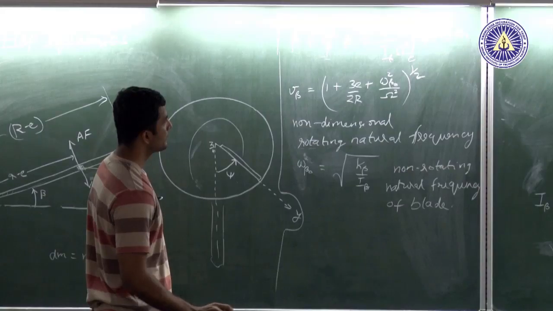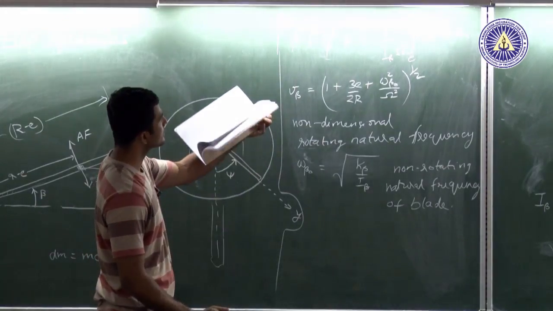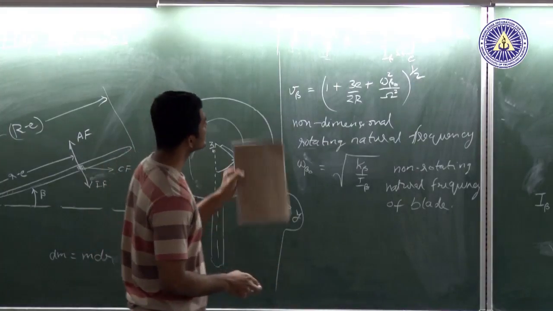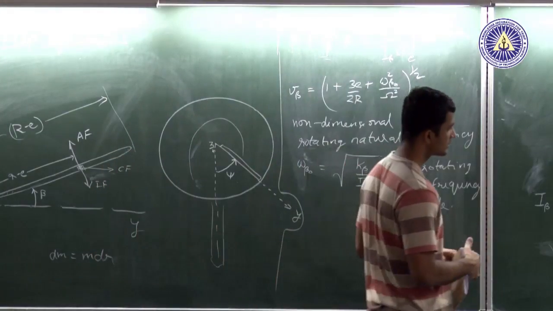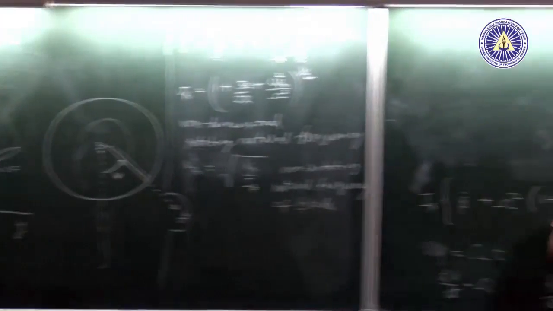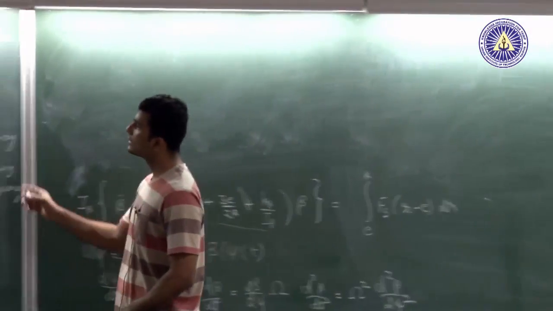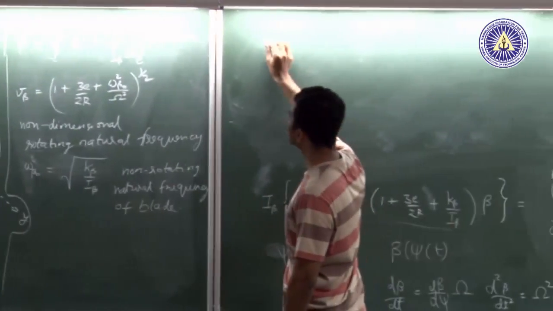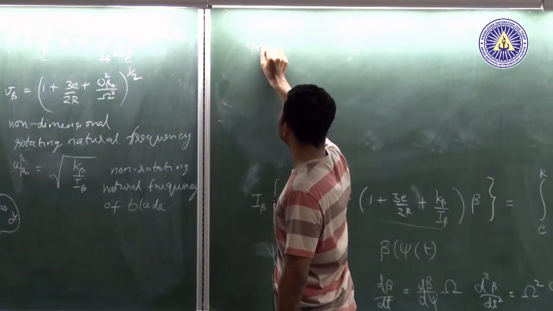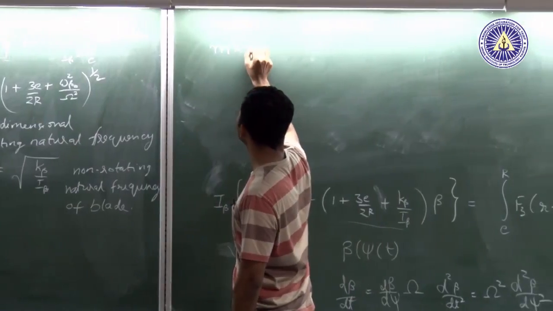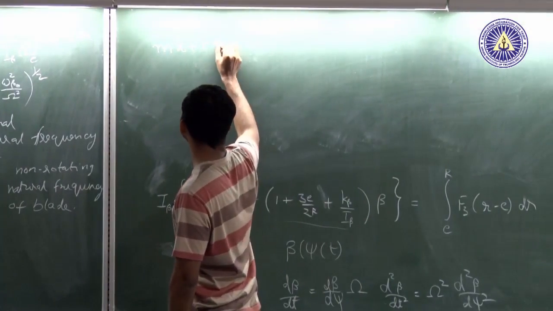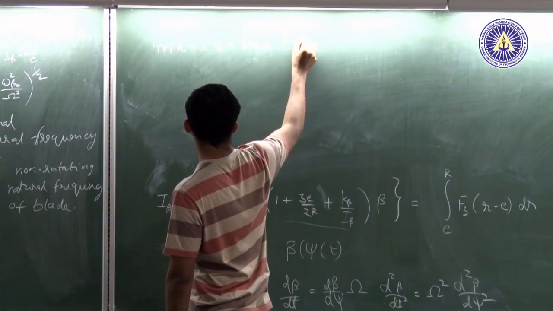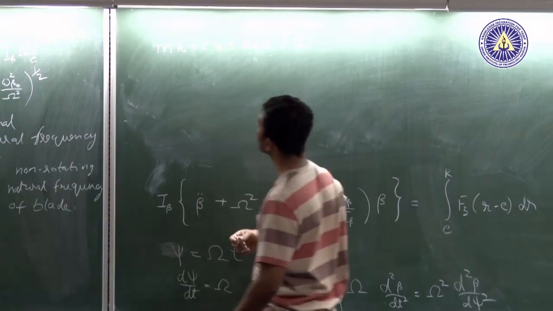So what can we infer from this equation? This is a second order ODE, and it can be compared with your regular spring mass damper system. So you have m x double dot plus c x dot plus k x equal to some forcing function f of t.